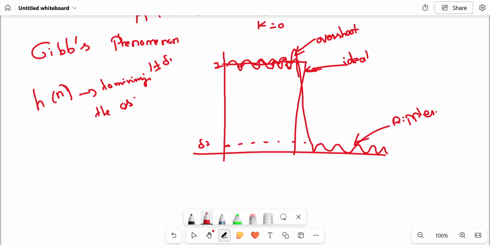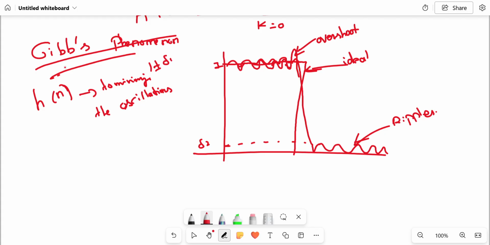These are the oscillations; you can observe them as ripples and overshoot in the frequency or magnitude characteristics, which is known as the Gibbs phenomenon. How does it happen? It is because of truncating the infinite impulse response of the ideal filter to a finite impulse response sequence of m values.